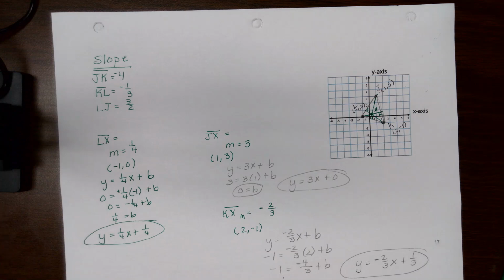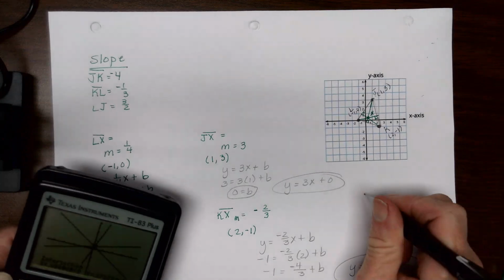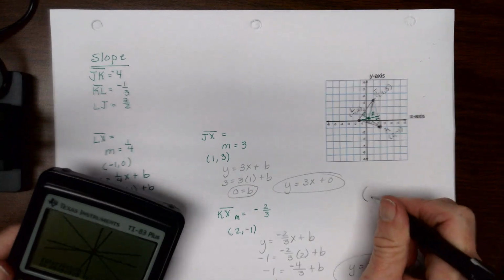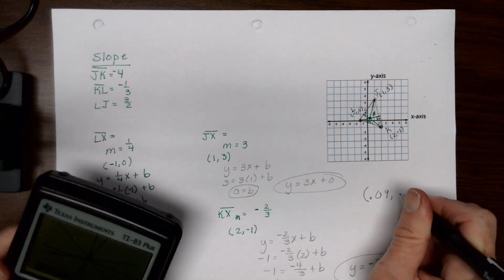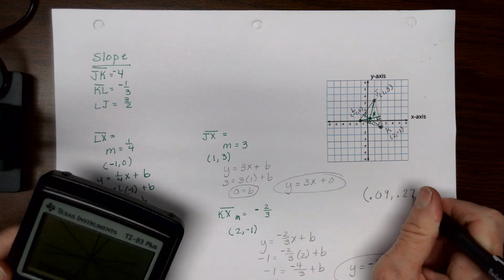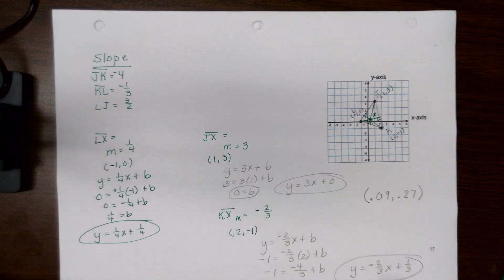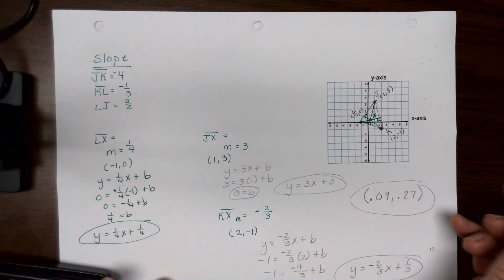It should cross at one spot if I've done it correctly. And then I'm going to find the point of intersection. And that is going to give me the fact that the orthocenter is at 0.09 and 0.27. And those are rounded. Okay, so that's what you're looking for.